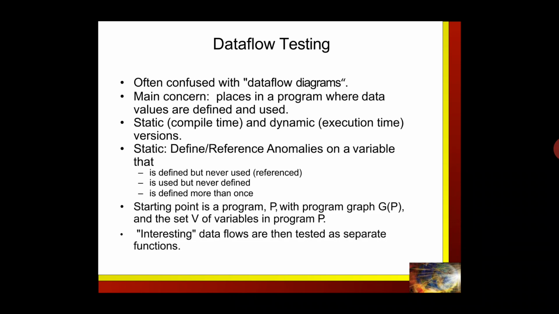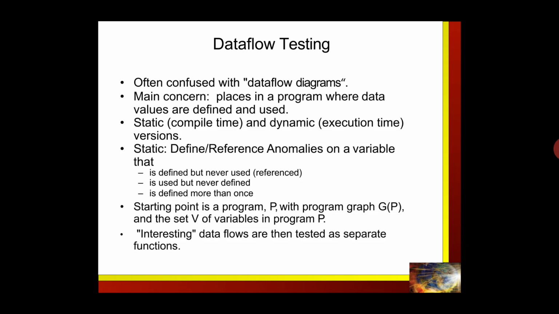So static, that is nothing but compile time, and dynamic, the execution time version. There are two versions, static versions and dynamic versions. In the static versions, the define or reference anomalies on a variable occur. Okay, what are these define anomalies and reference anomalies? For example, if you define a variable but never use that variable, that is considered as a static anomaly.